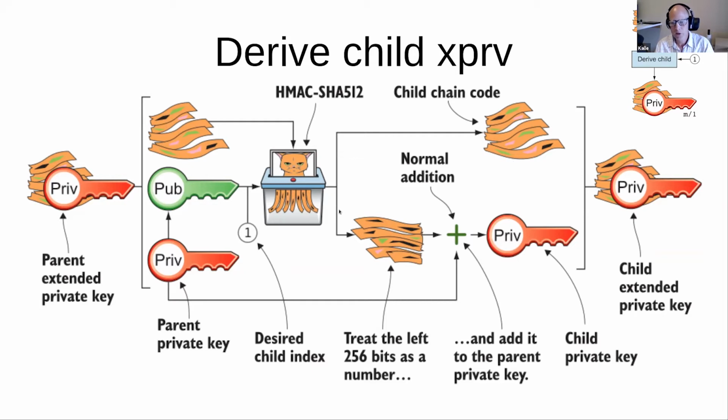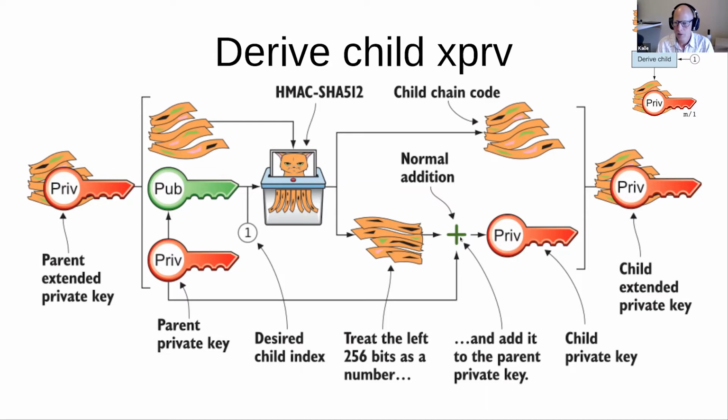And the left 256 bits can be viewed as a private key and added to the parent private key. So you take the parent private key and you add to it these left 256 bits. And you add it, of course, modulo 2 to the power of 256, because you want 256-bit keys.